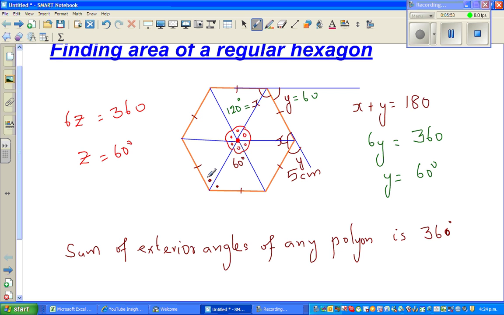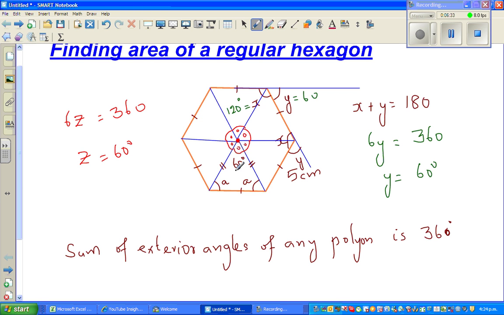Now I'll explain that in a different way. I want to find this angle and this angle. We know that these two sides are equal. If this is A, this also has to be A, because they are the base angles. So it is an isosceles triangle, because the distance from here to here is equal to the distance from here to here.